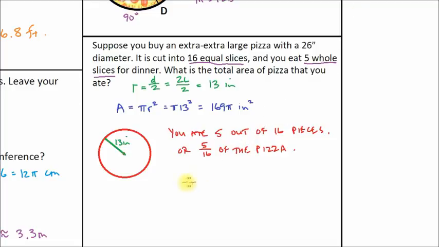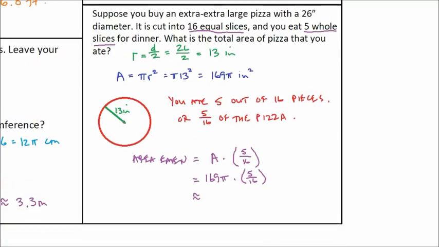And now all we've got to do is apply this to the formula that we learned. We're going to find that the area eaten is equal to the total area times how much of the area we want. We want 5 pieces out of 16. Well, the total area of the pizza is 169 pi. So it's 169 pi times 5 out of 16.